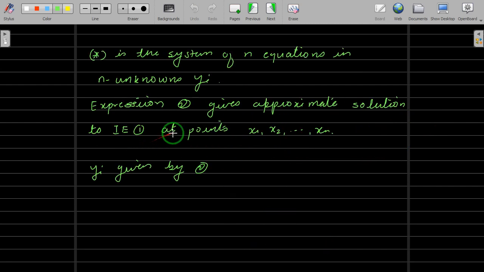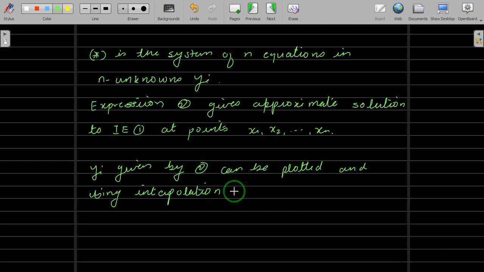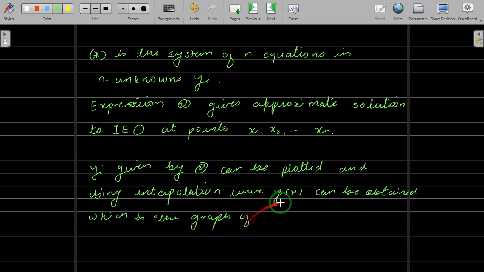So yi given by equation 2 can be plotted, and using interpolation, an interpolation curve y of x can be obtained, which is the graph of the solution of your integral equation 1.